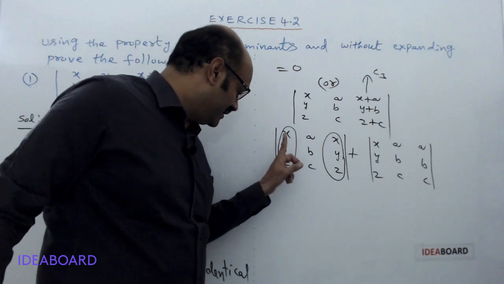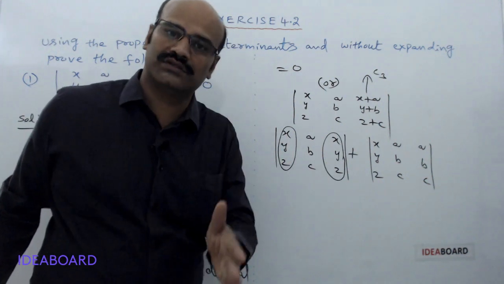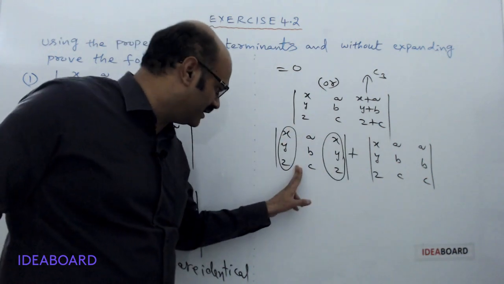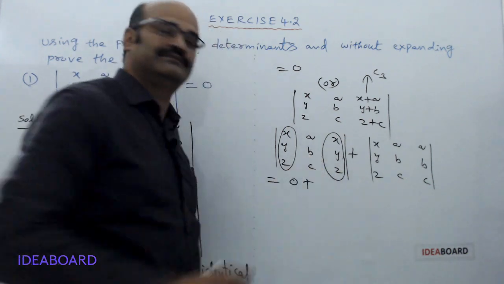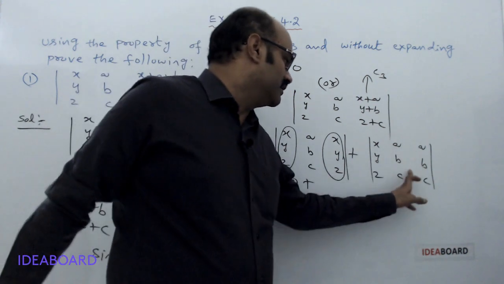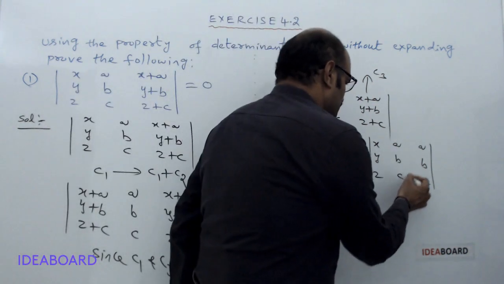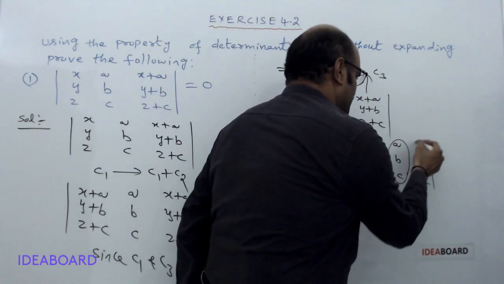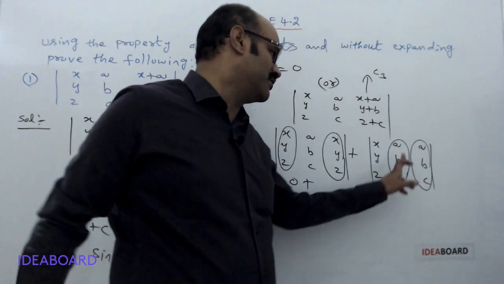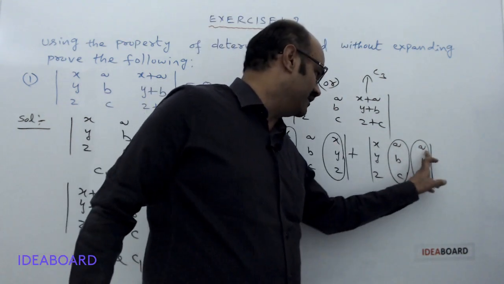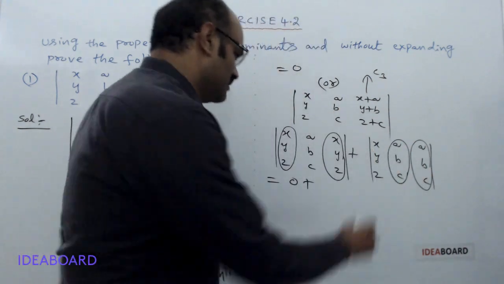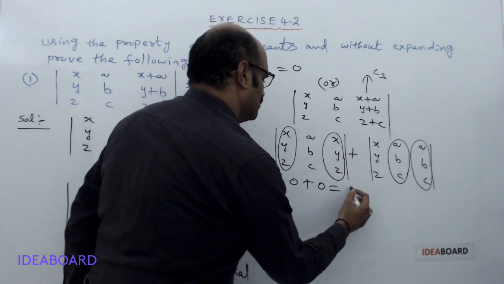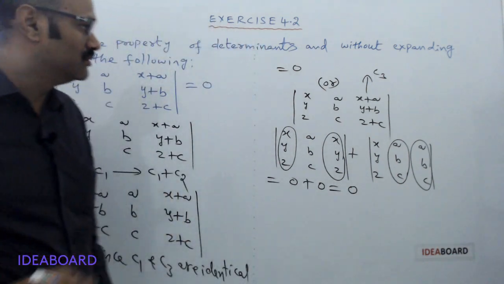In any determinant, if any two rows or two columns are identical, the value will always be equal to 0, plus. Here c2 and c3 are identical. Here the corresponding elements are the same, a, b, c, so the value of this one is equal to 0. So 0 plus 0 equals 0.